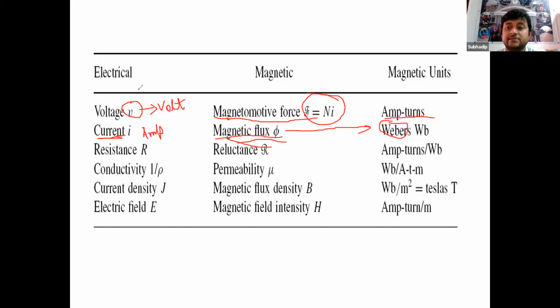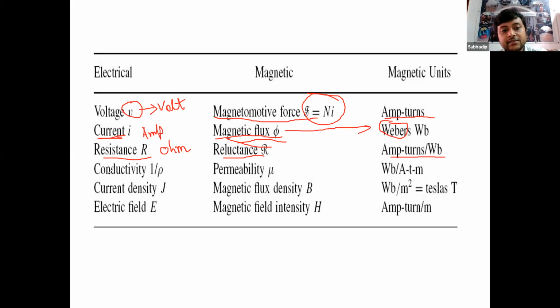That is resistance, and the unit of electrical resistance is ohm. In the magnetic circuit, the analogous quantity is reluctance, denoted by roman R. The unit of reluctance is ampere turn per Weber. This is useful for magnetic circuits.